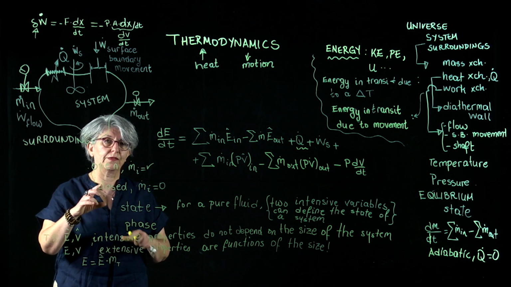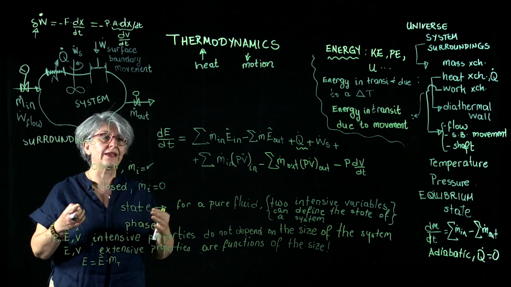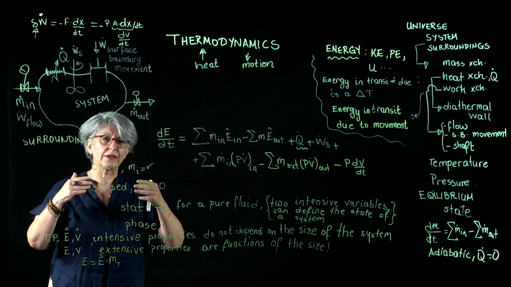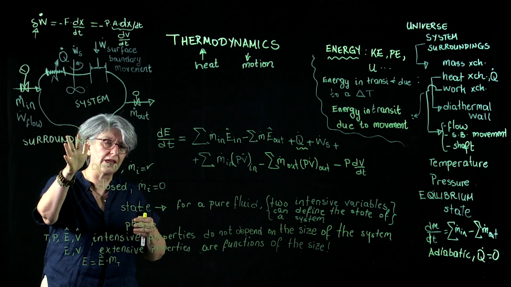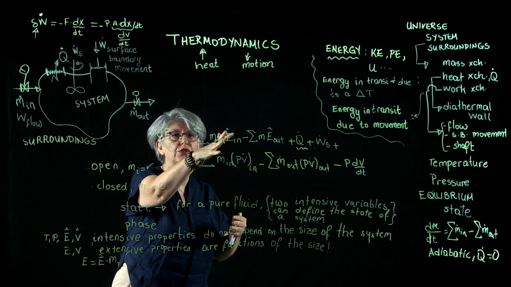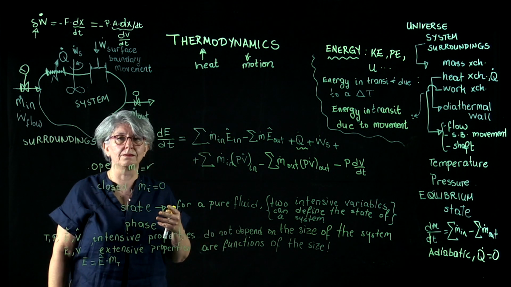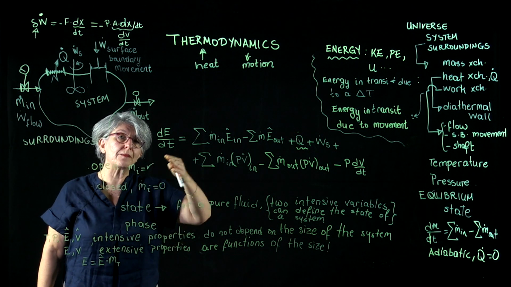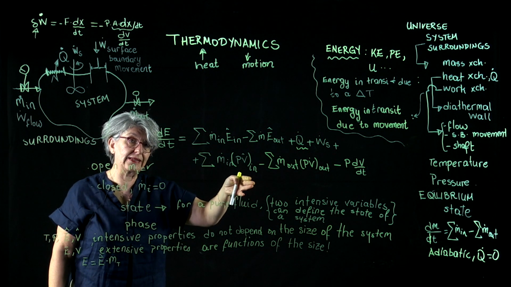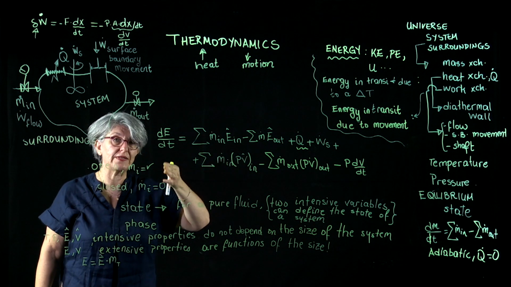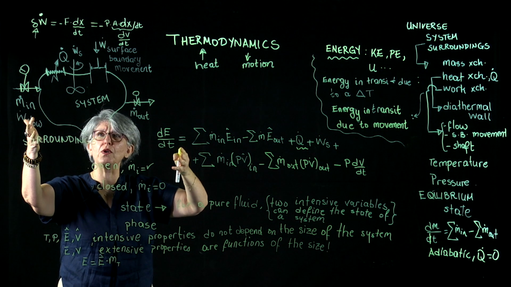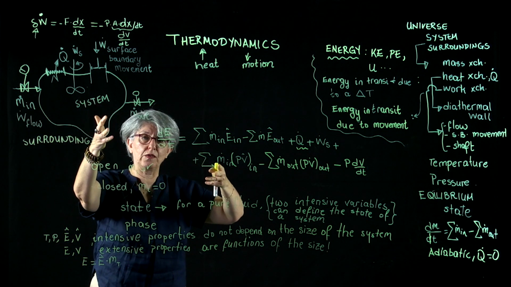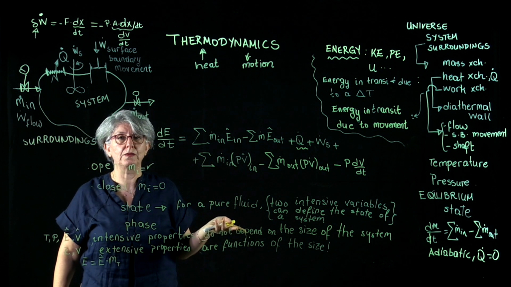So, when we summarize, we start from state 1 of a system. We monitor the evolution of that state through a process, and this process depends on mass flow, heat flow, and work flow.